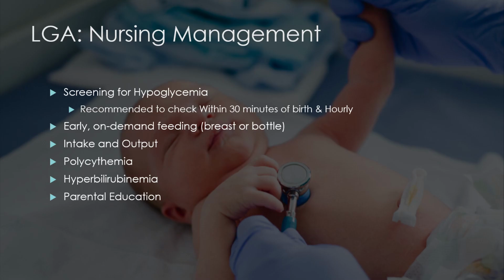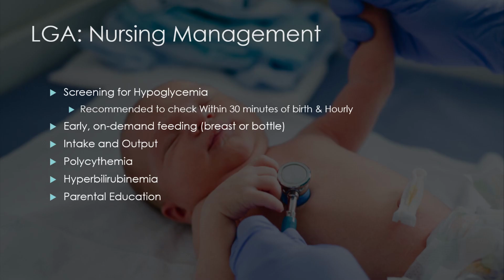While physically assessing and performing their interventions, one of the most important things you can do for either an SGA or an LGA baby is to educate their parents. Make sure that they understand what their treatments and procedures are and why they are necessary.